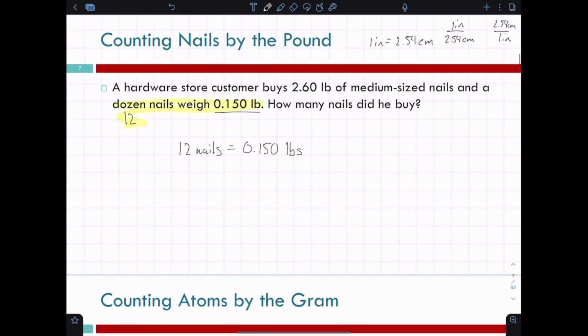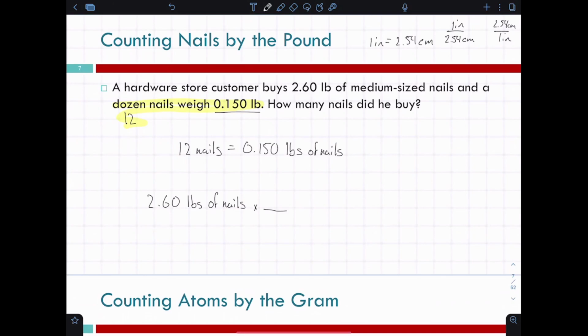So our question is, ooh, voice is getting squeaky. 2.6 pounds of nails. This is pounds of nails up here too. How many nails is that?